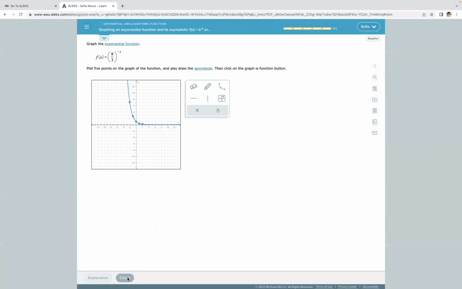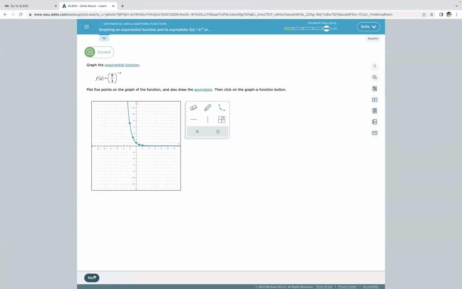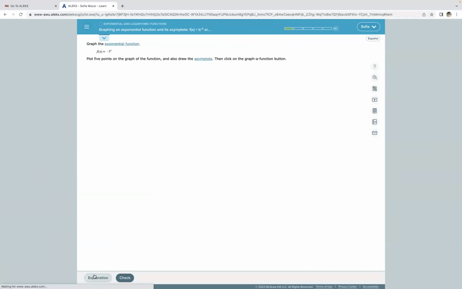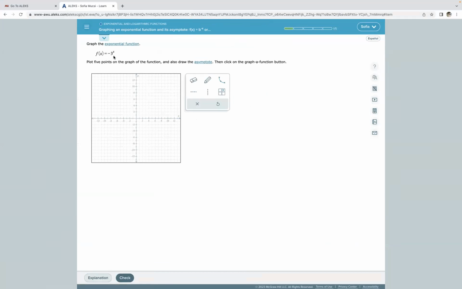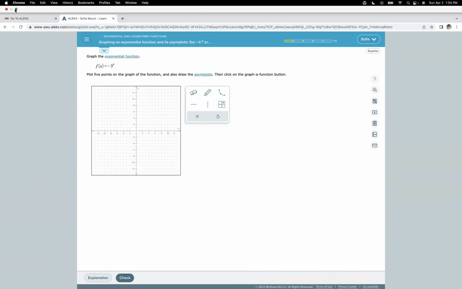Okay. All right, I'll snip this one, and maybe better because it doesn't have a fraction inside. Sure, but okay.